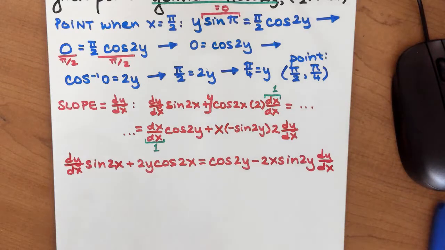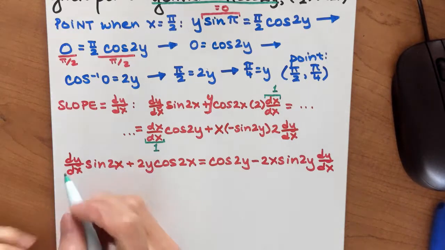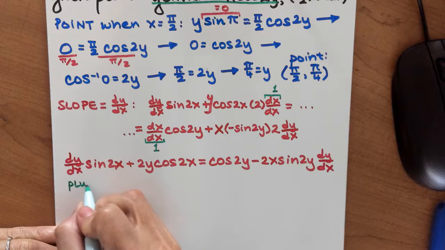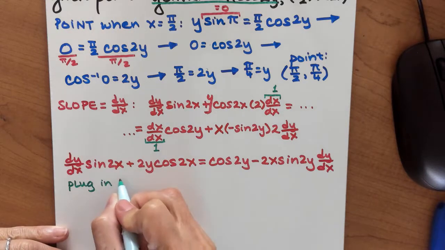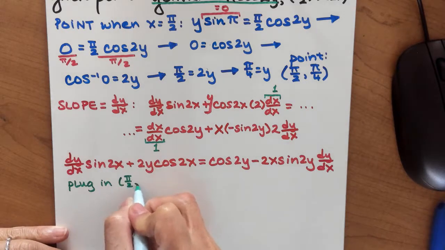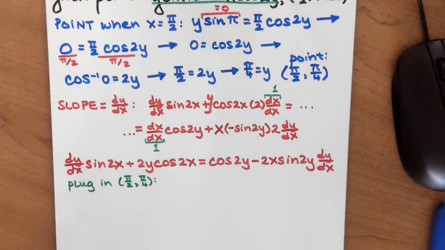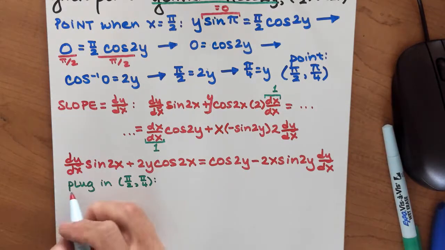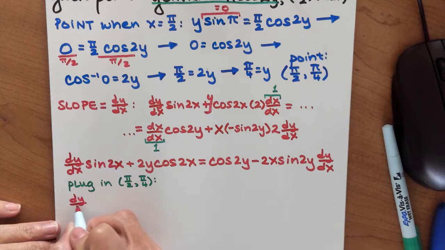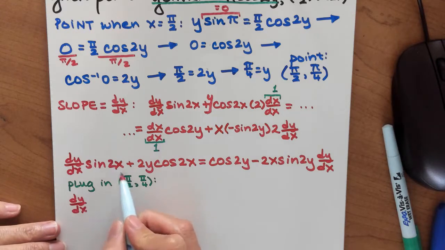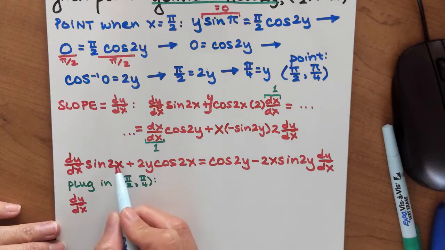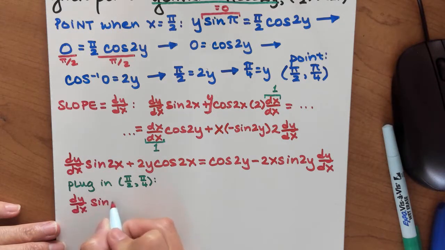I'm going to plug in the point, pi over 2, pi over 4. So I get dy dx times, when I plug pi over 2 in there, I get the sine of pi.